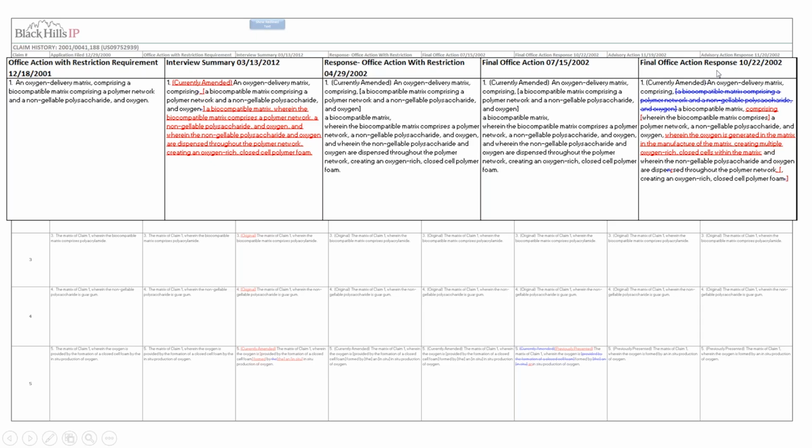And then if you go to the final office action response, you can see that one got marked up a little bit. And they changed it from dispensed to dispersed. And not practicing in this particular field, I don't know if that has a big impact, but that would have been a tough one to catch just by reading a claim side by side.